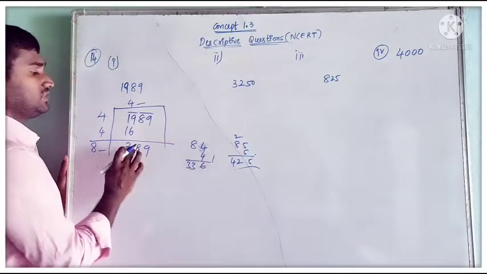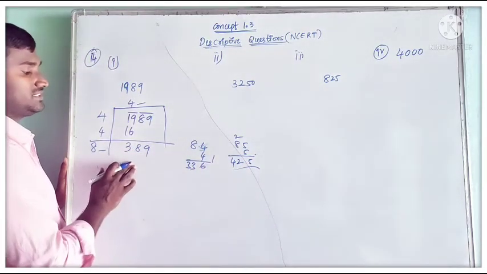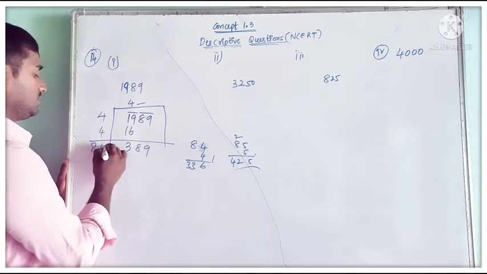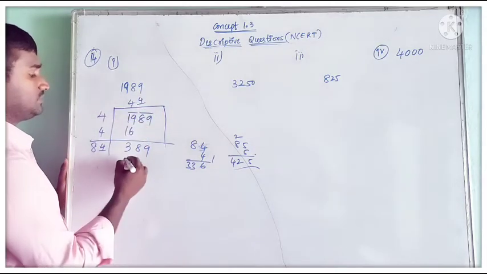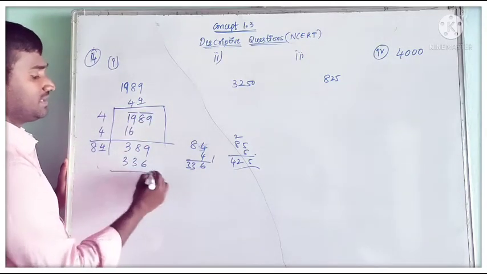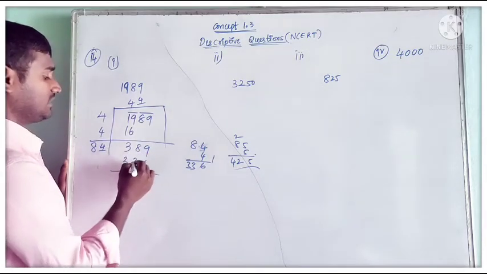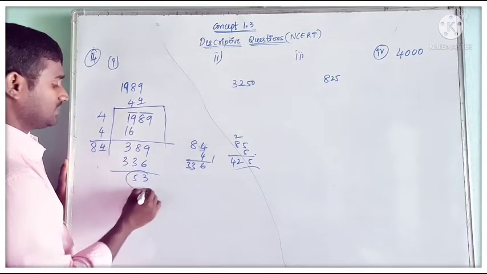So 425 or 336, which is nearest to 389? 336 only we should take, 84 into 4. So it becomes 336. Subtract now. 9 minus 6 is 3, 8 minus 3 is 5. So what is the number we obtained?